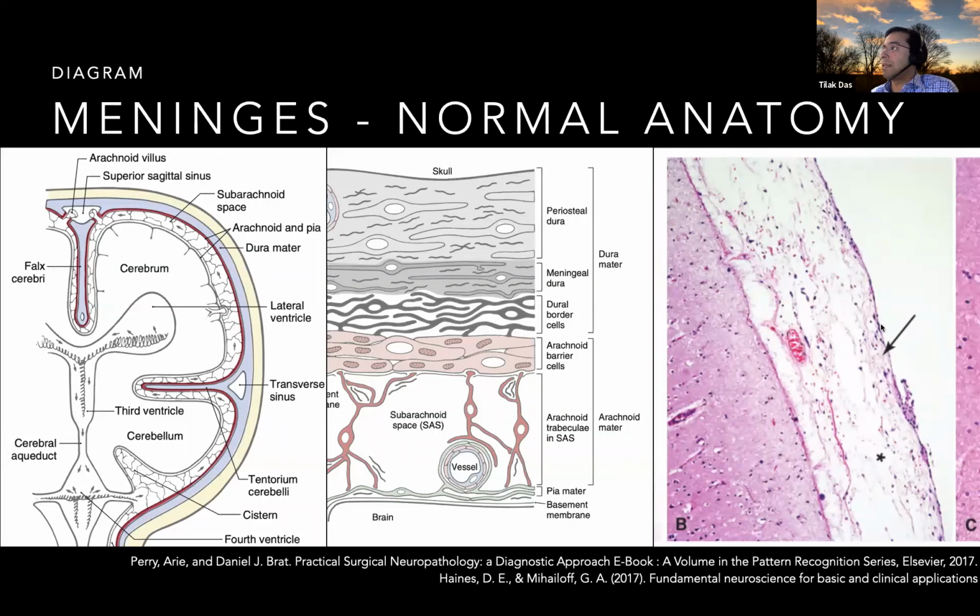And this slide shows images of the arachnoid membrane, much thinner, and you can see the spaces extending down to the surface of the brain, and this is the pia here.